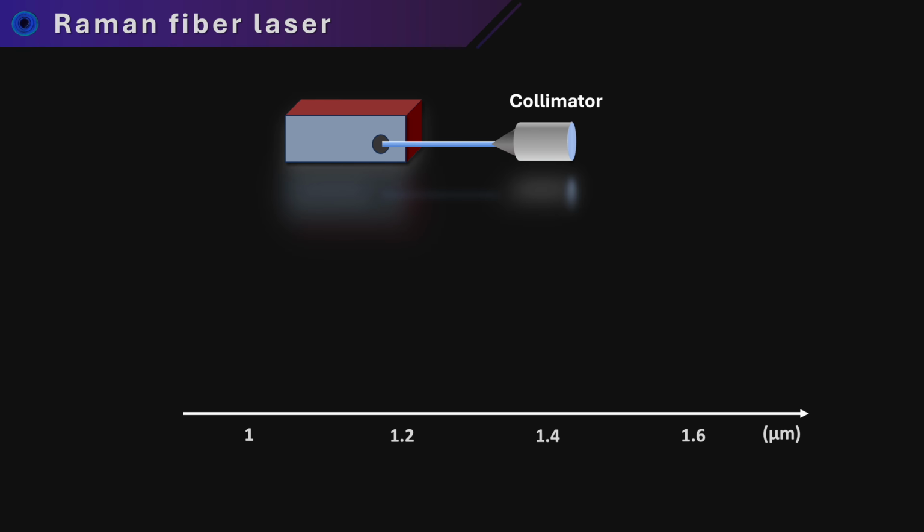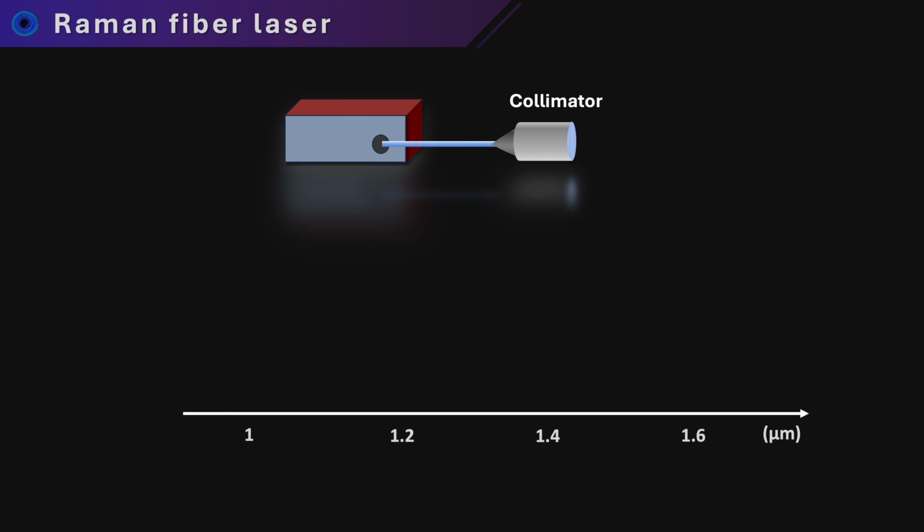That's not restricted by the electronic transition of a gain medium. This is the principle behind a Raman fiber laser. By carefully choosing the pump wavelength and allowing multiple Raman shifts, we can generate laser light at wavelengths where no traditional doped fiber laser exists, like that of 1200 nanometers example we talked about.